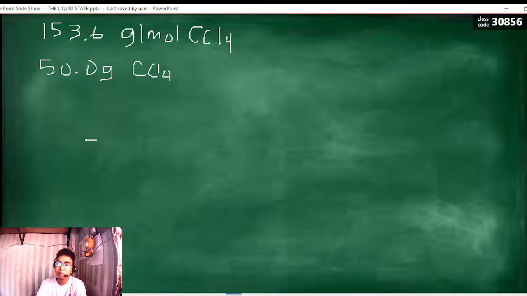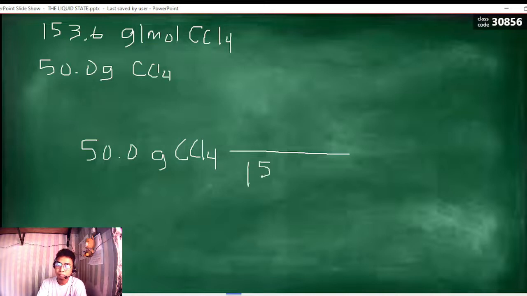Let's start with 50 grams of carbon tetrachloride. Since it is grams per mole, we can put our 153.6 grams per 1 mole. Sir, why is the 1 mole on top?